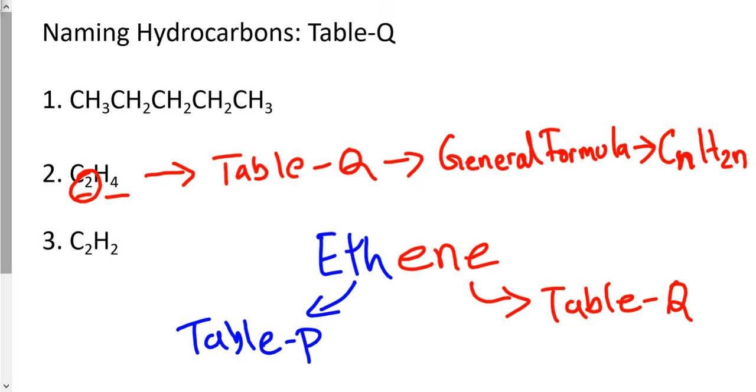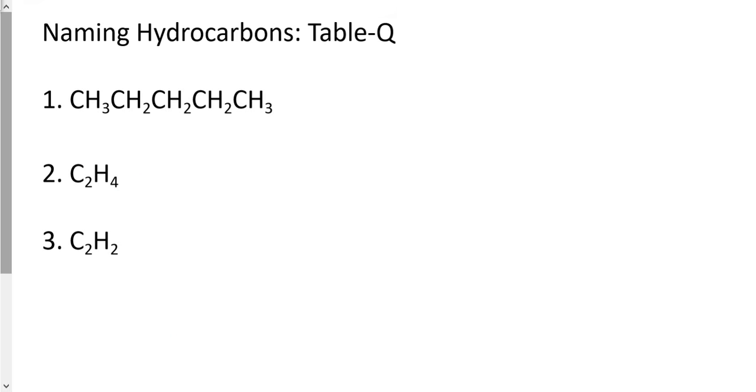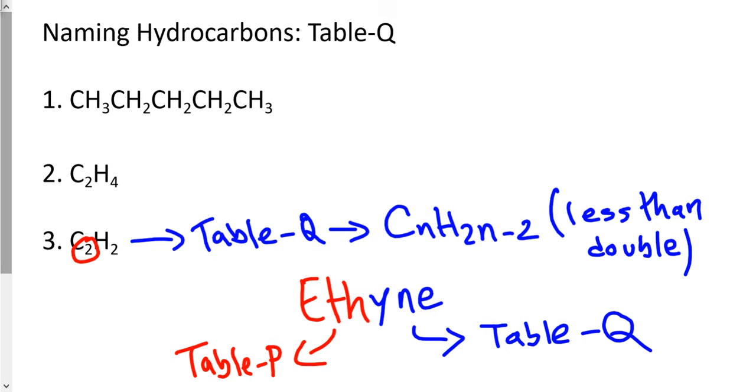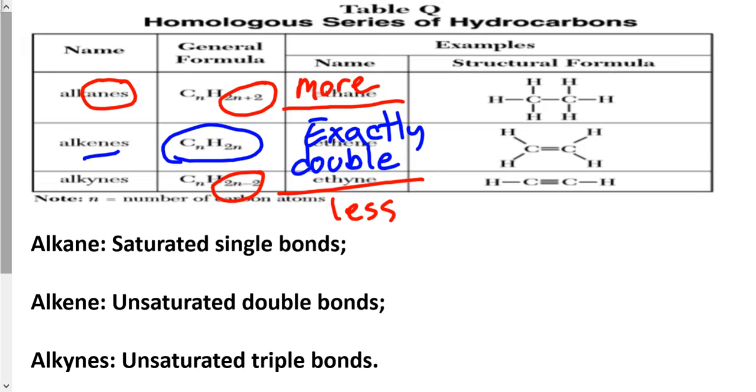Why don't we try the third one? And once you're done, take a look at the answer and check your understanding. So, based on reference table Q, if we have a chemical formula of C2H2, then the number of hydrogens is less than double the number of carbons. And we know that by using reference table Q, if it's less than double, then the suffix is going to be YNE.